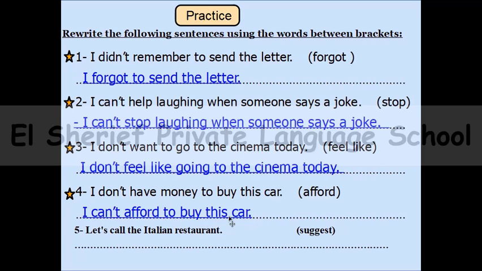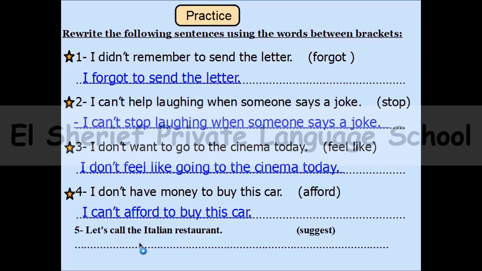So the verb afford is followed by to plus infinitive. And the last sentence to rewrite, let's call the Italian restaurant. Here we need to use the verb suggest. Try to remember, suggest is one of the verbs that are followed by to plus infinitive or ing.